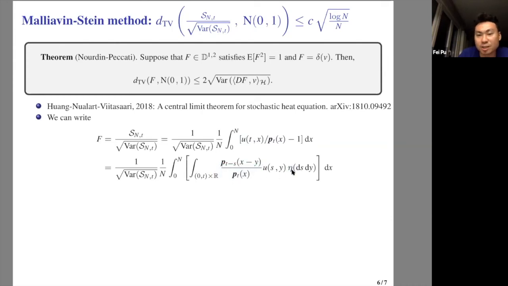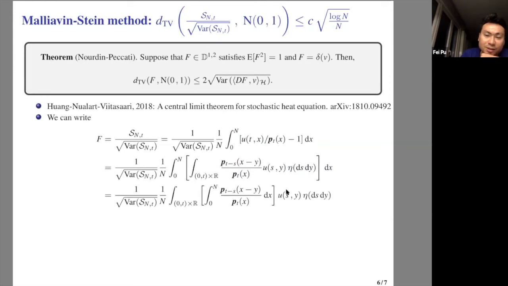Now we have two integrals: the spatial integral dx and the stochastic integral with respect to eta ds dy. For these two integrals, we can switch the order, using the stochastic Fubini theorem. This is equal to a stochastic integral whose integrand is this spatial integral.